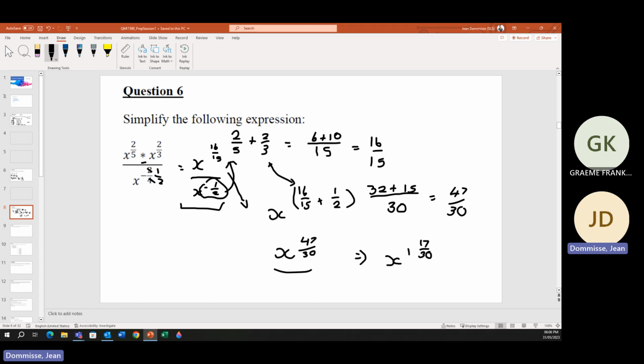Don't even try to simplify it. If you don't get this one, then probably what they wanted was that you take out one at least, and then what you're left with is 17 over 30. Okay, so that's basically looking at the mixed numbers as well.